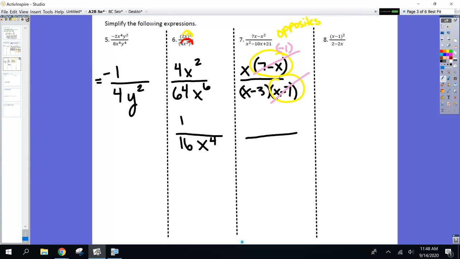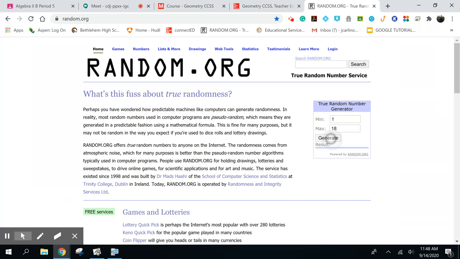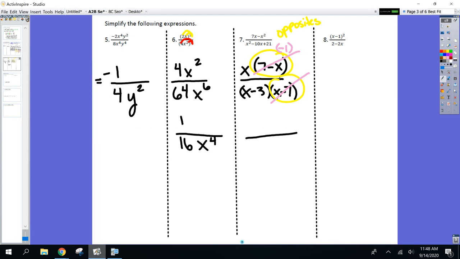All right, what are we left with? Because I don't think I can cross out anything else. Nothing else is the same or opposites. Now we got to rewrite our final answer. Colin, what are we left with on top? Just an x.